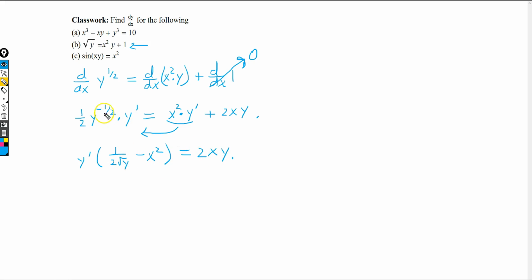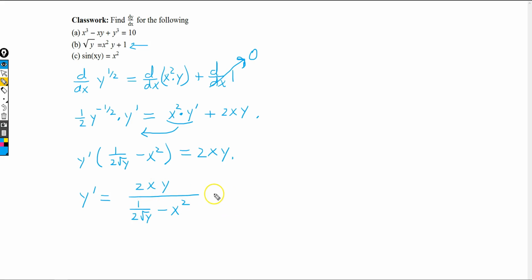So here we wrote y to the negative 1/2 as 1 over root y. And the negative x squared is coming from this x squared right here, taken over to the other side. Now just divide this over. And there we have our answer.